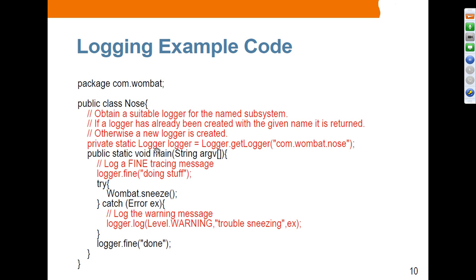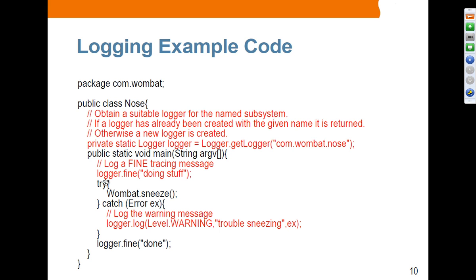Once you have the logger object, you can create the log message in two different ways. One way of logging a fine message is to call the fine method, or you can call log and then specify the level. As you will see in a few minutes, fine or warning are logging levels.